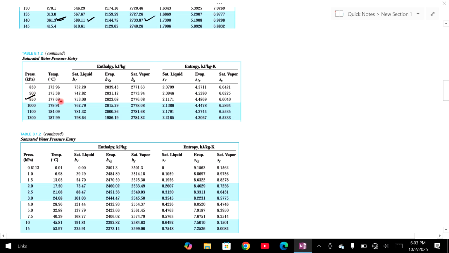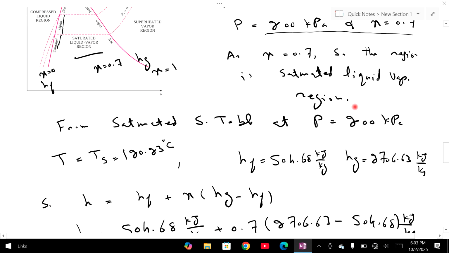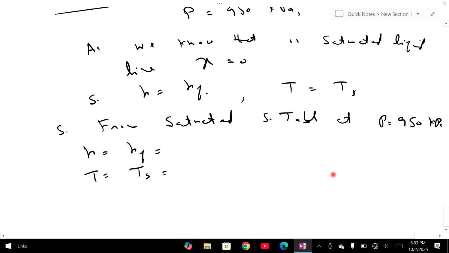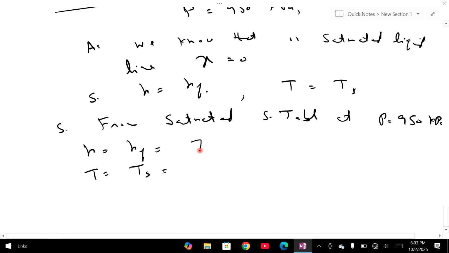At this, saturation temperature is 177.69 and Hf is equal to 753 kilojoule per kilogram.